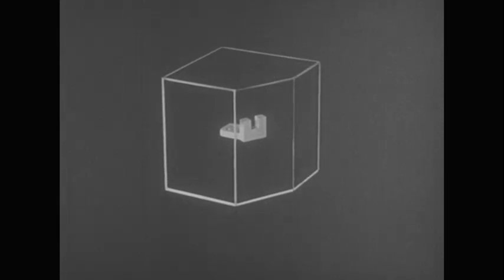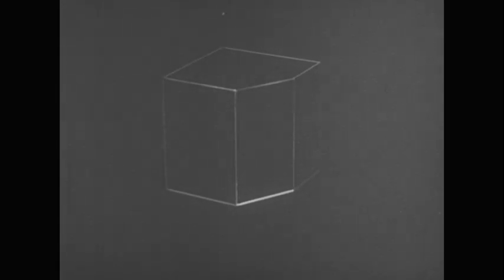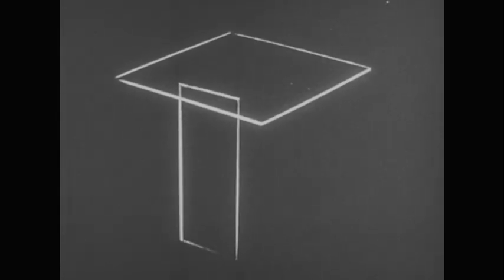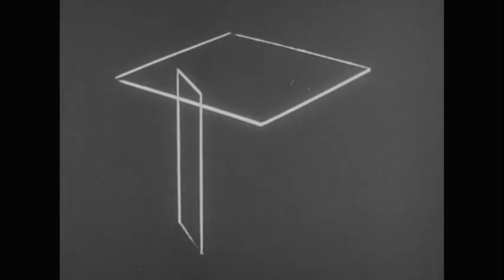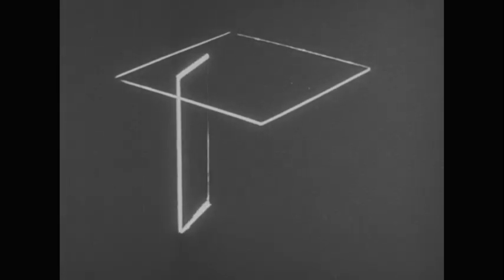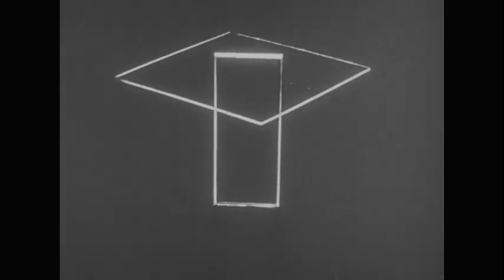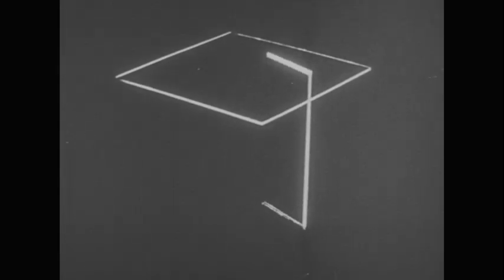This kind of auxiliary view is called an auxiliary elevation. An auxiliary elevation can be projected on any plane perpendicular to the top plane. In fact, on an infinite number of planes perpendicular to the top plane, except those planes which give us the principal views.